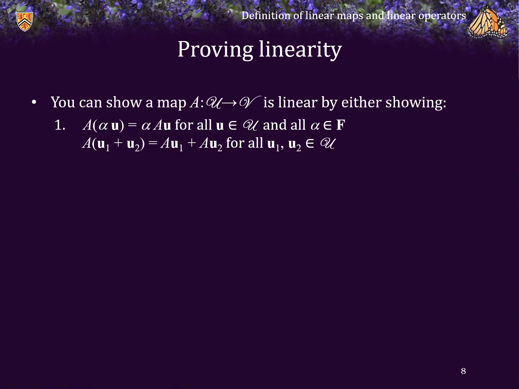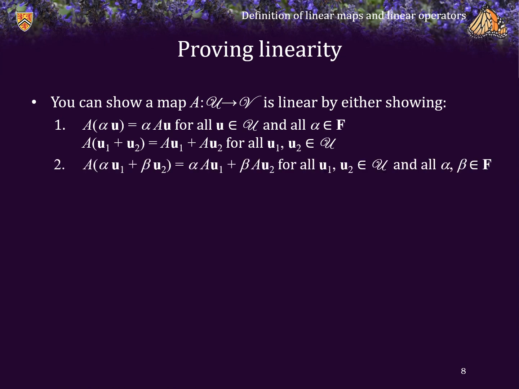That field can either be the real numbers or the complex numbers. Also, A applied to the sum of two vectors in U is always equal to the sum of A applied to each of them for all vectors u1 and u2 in the vector space U.